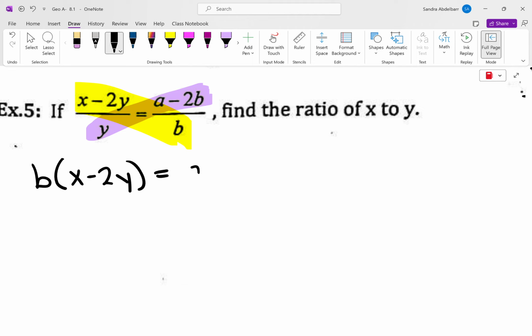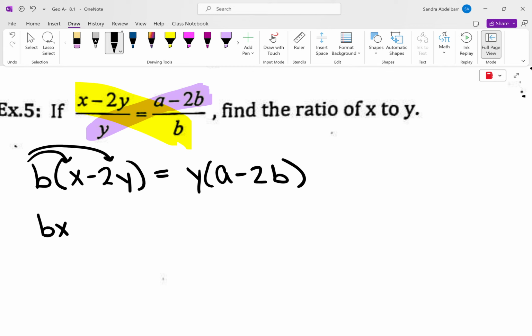We're going to get b times the quantity of x minus 2y is equal to y times the quantity of a minus 2b. I needed the parentheses. Now I look at this, is there any way to just get x's and y's together? At this point, no. So let me just distribute then.